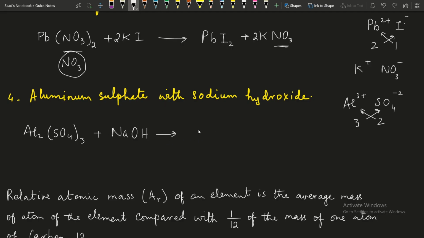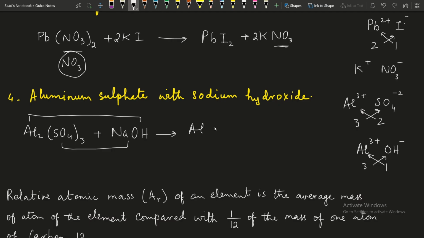Now let's see what are the products that will be formed. Aluminium will react with hydroxide to form aluminium hydroxide. Aluminium has a charge of +3, hydroxide is -1, so just swap them, and see, aluminium will react with OH and sodium would react with sulfate. So what would be the formula now?